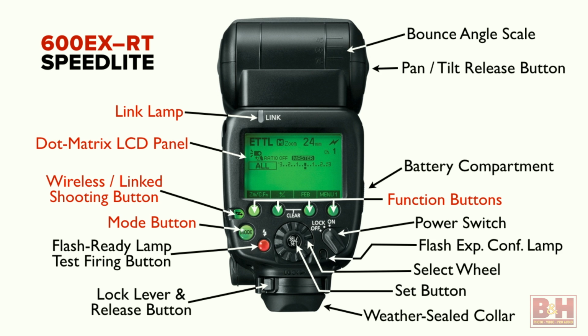The LCD on the Speedlite, unlike previous generations, is a dot matrix, meaning that they can form characters and symbols and icons on the fly. With the previous generations, multiple generations, all of the symbols and numbers and letters were hard baked into the LCD.